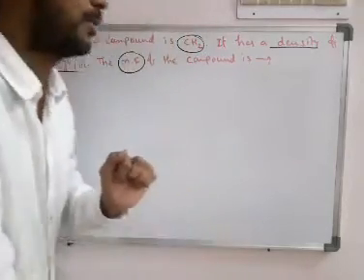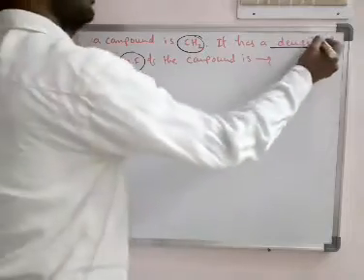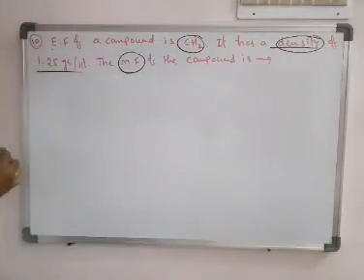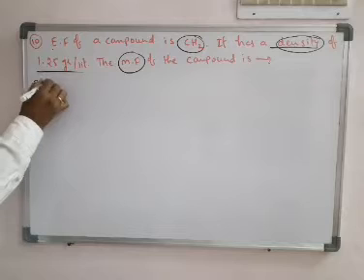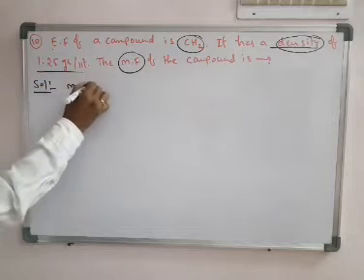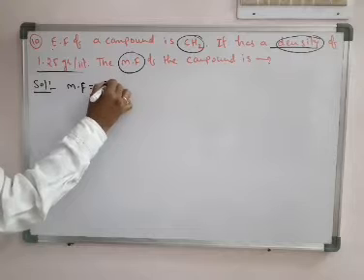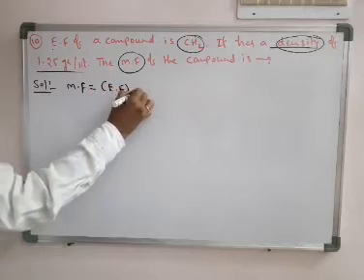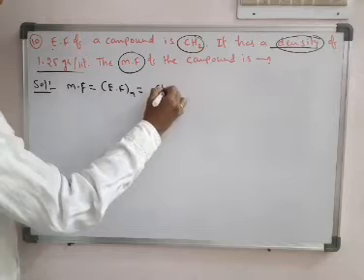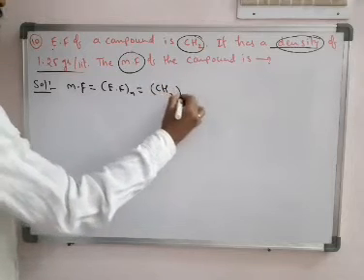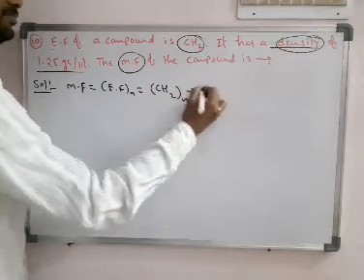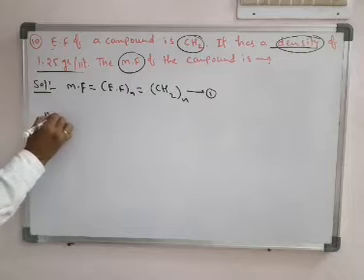In this problem, the molecular weight is given with the help of density. So we follow the same procedure. The molecular formula equals empirical formula taken n. What is the empirical formula given in the problem? CH2 taken n. Again, how to calculate the n?